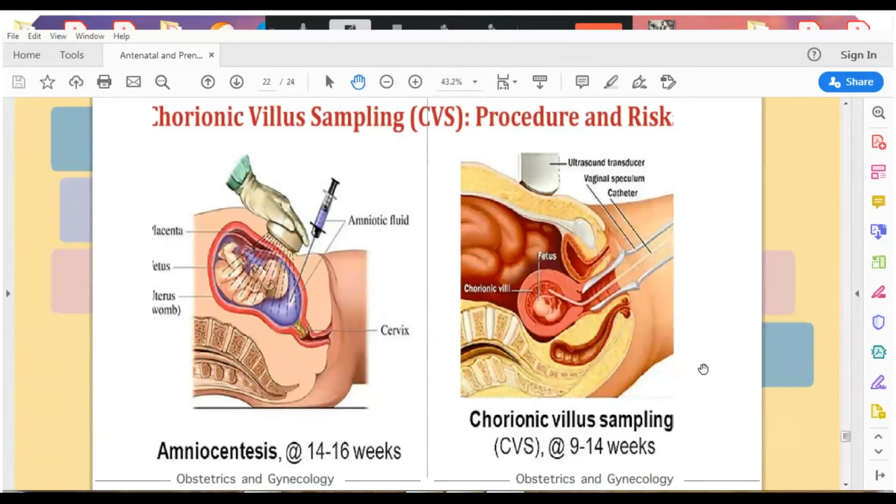The good thing about chorionic villus sampling is it can be done very early, 9 to the 14th week. Amniocentesis is done a bit late. For chorionic villus sampling, the risk is pregnancy loss. People usually used to think amniocentesis has a higher risk for miscarriage. But now it's said that both of them have an equal amount of risk of bleeding or infection or having a miscarriage.